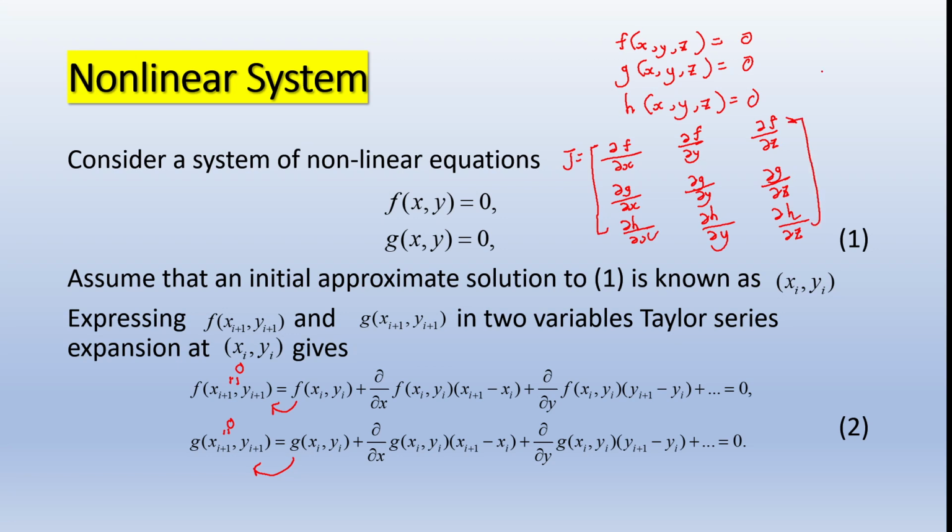This is your Jacobian. Then your Δx has Δxi, Δyi, Δzi, equal to negative of your functions f, g, h. And so on. The technique can be extended up to n nonlinear equations.